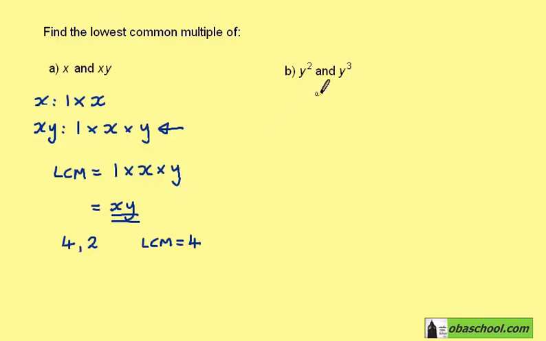Now let's consider y squared and y cubed. Y squared is 1 times y times y, and y cubed is 1 times y times y times y.